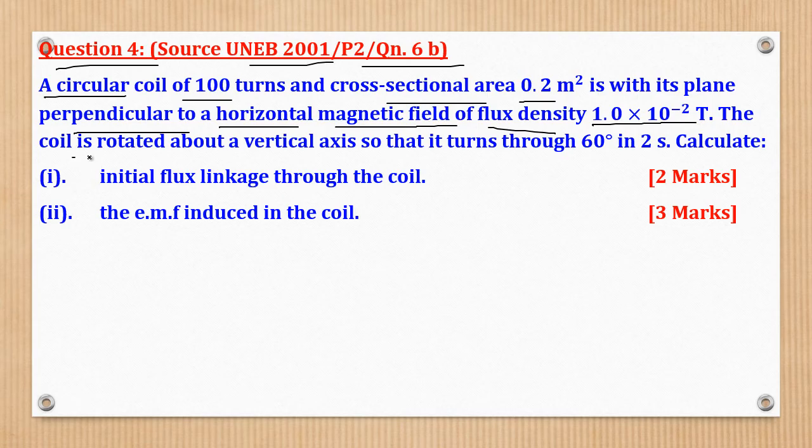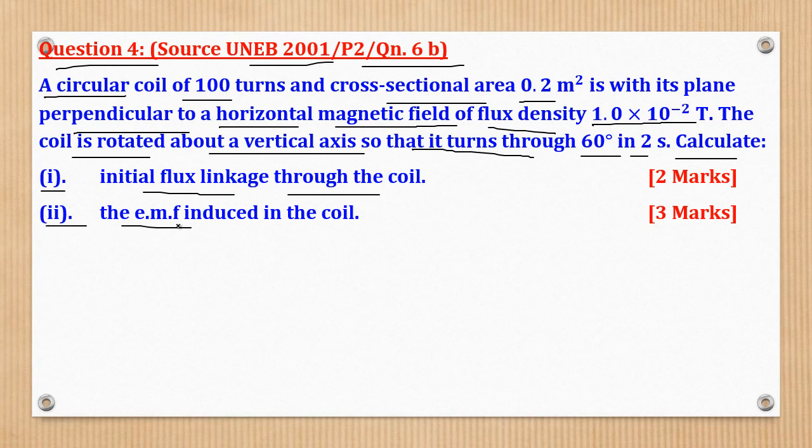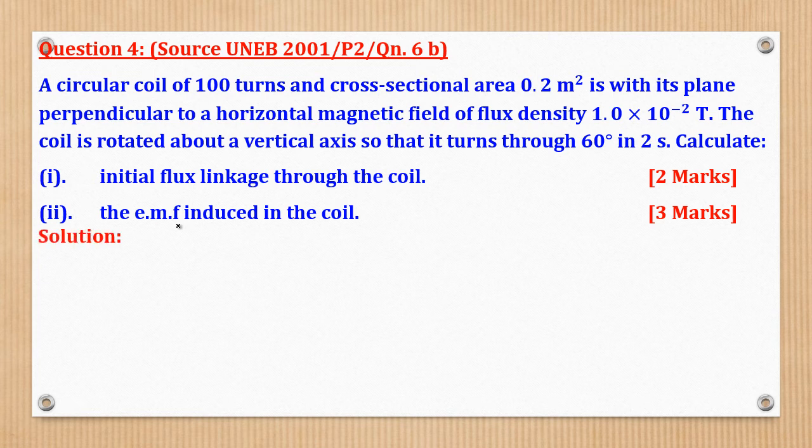The coil is rotated about a vertical axis so that it turns through 60 degrees in 2 seconds. Calculate Roman 1 initial flux linkage through the coil and Roman 2 EMF induced in the coil.